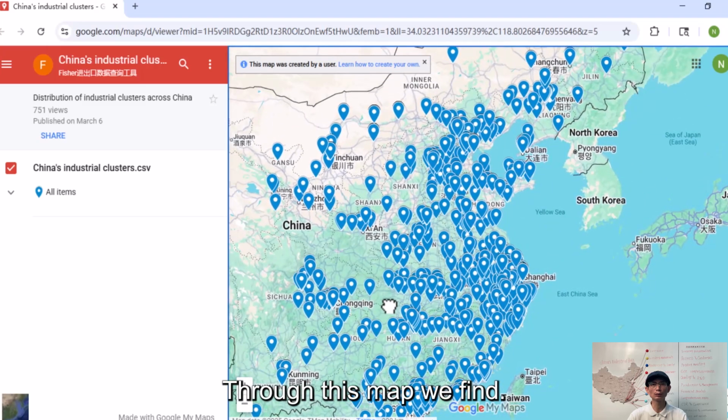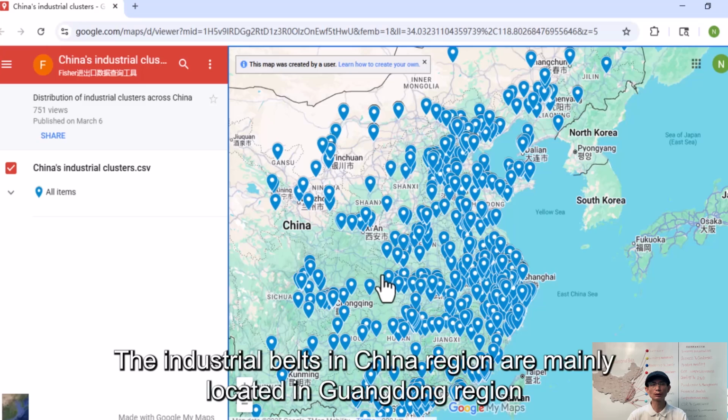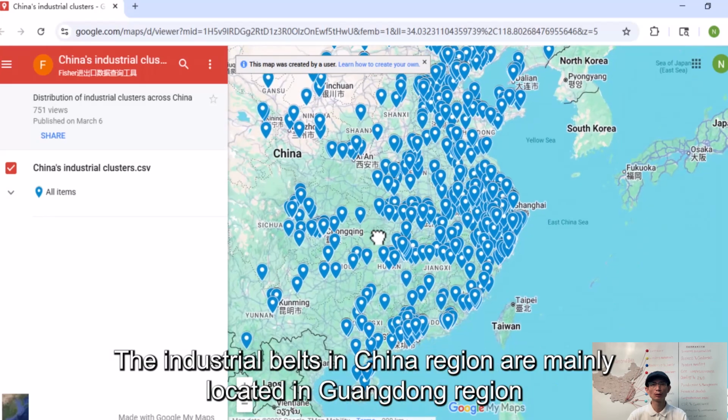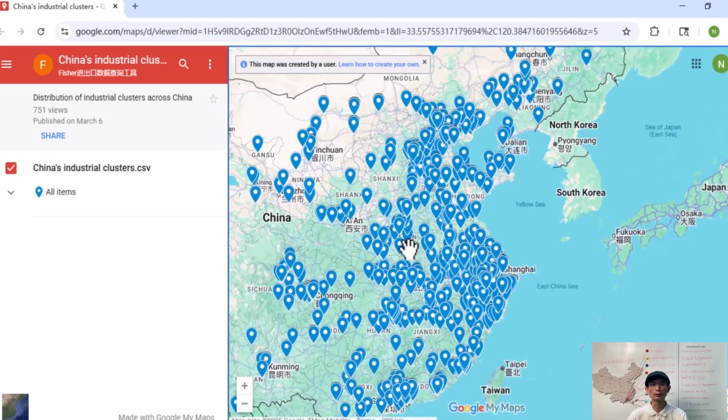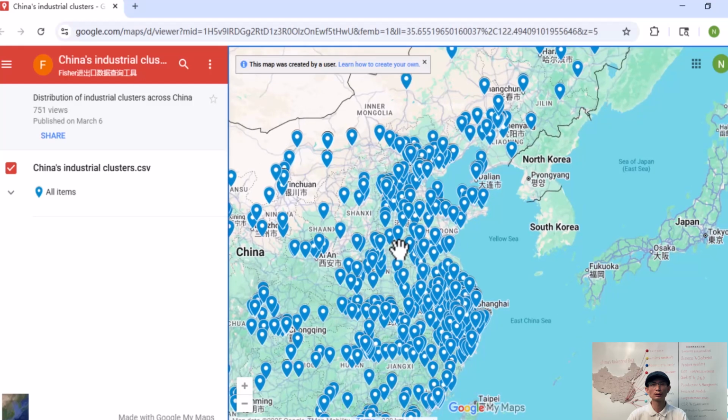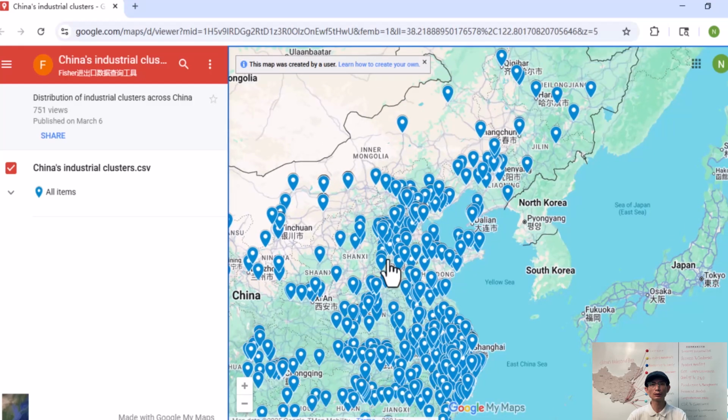Through this map, we find the industrial belts in China region are mainly located in Guangdong region. Jiangsu area. Zhejiang region.